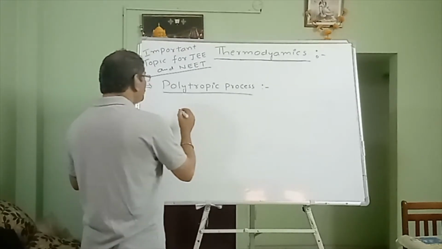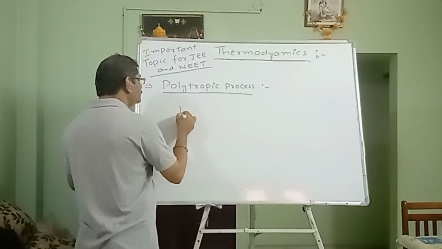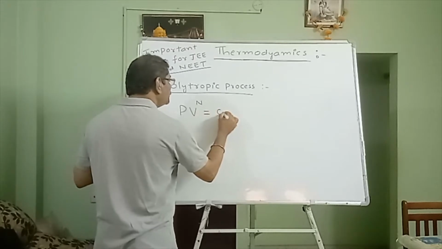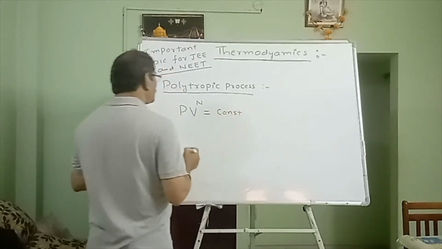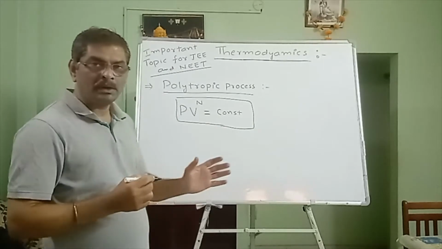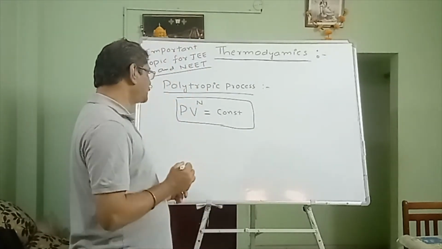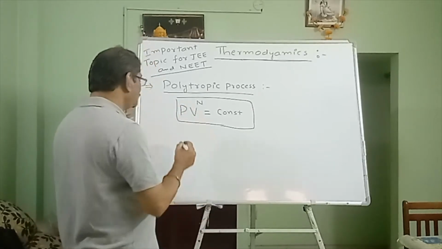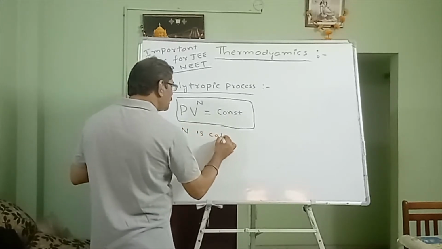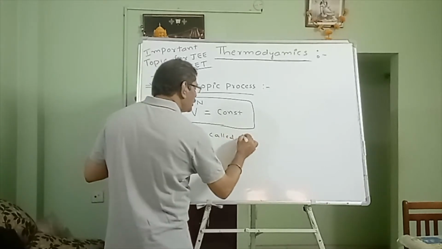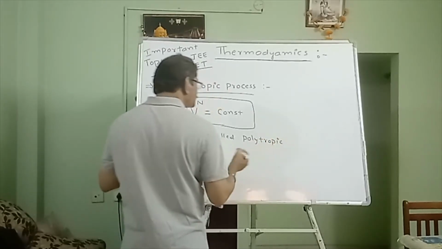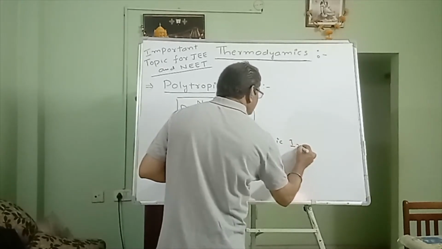The polytropic process is represented by the equation PV^N equals constant. Here N is generally called the polytropic constant, or the polytropic index.